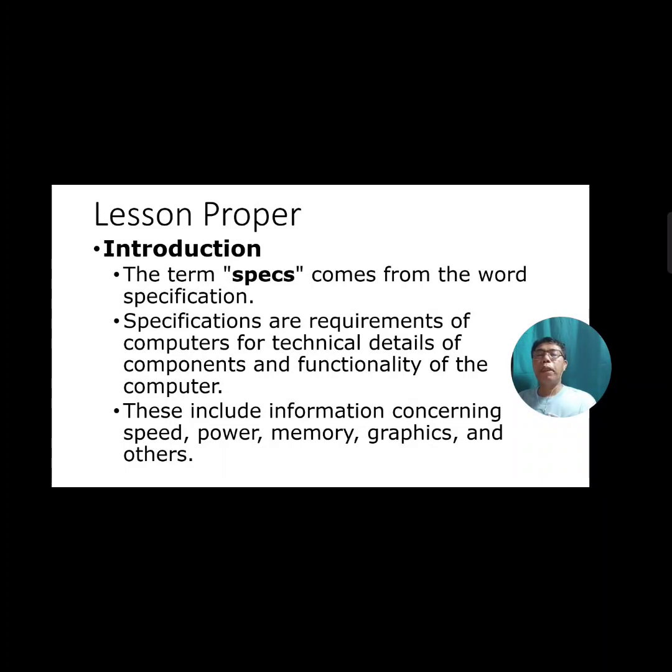Meaning to say, specification is your guide in order to choose what is the better computer to use. This includes information concerning the speed, the power, the memory, the graphics, and others. So your guide in order to choose the better computer to use is to look for the speed, the power, the memory, the graphics, and others.